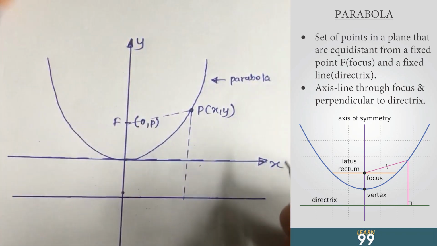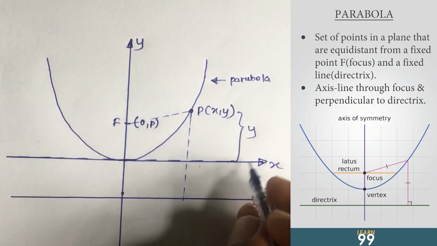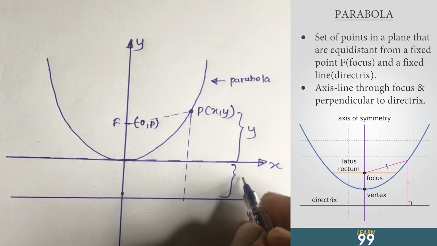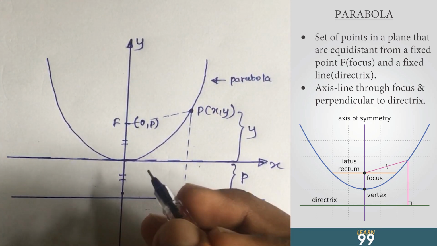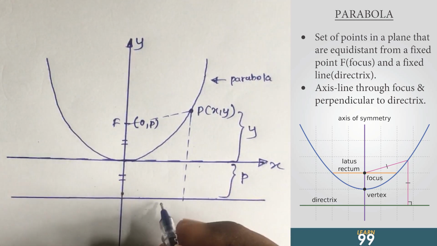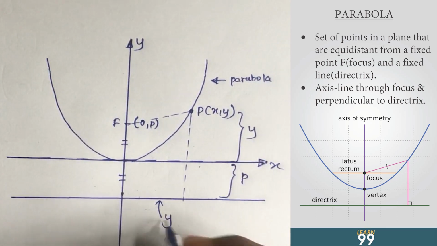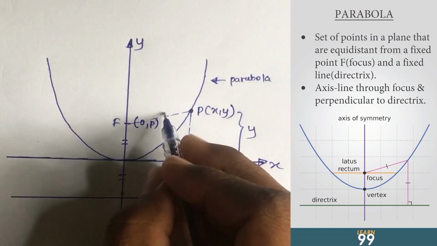According to our property of focus and directrix, the vertex is halfway from the focus and directrix. So the distance is equal. So we can define the directrix as y equals minus p.